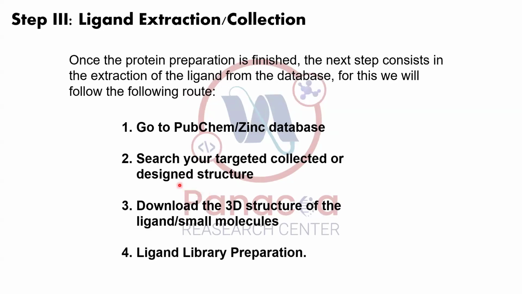Next is ligand extraction or collection. Why did I mention extraction and collection? Well, we can collect ligands through literature review, okay? Or if we studied a natural plant, like if we extracted some natural plant and got some GCMS or NMR or XRD result, where we get a single structure or 2 to 3 structures or a list of structures from the GCMS or HPLC result, we can collect them through databases like PubChem, etc. I will show you.